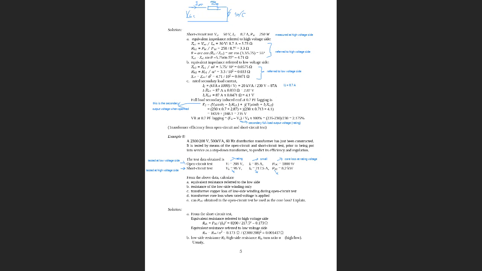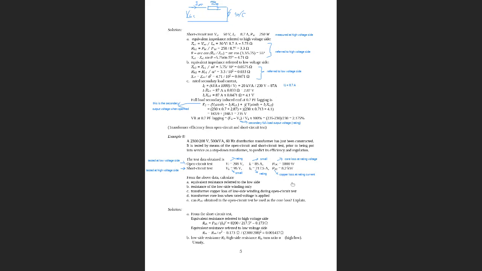So this is a small voltage, the rating current, and the copper loss at rating current. Got the point?